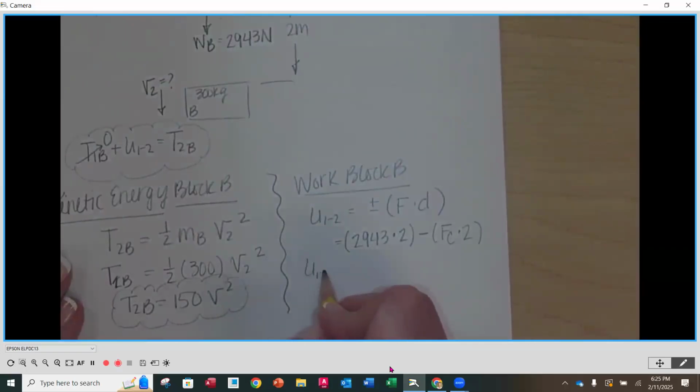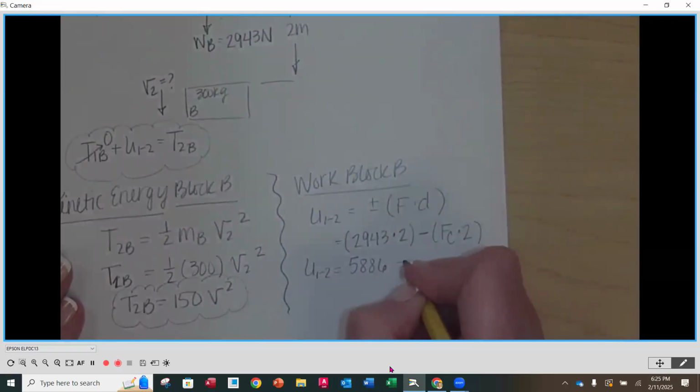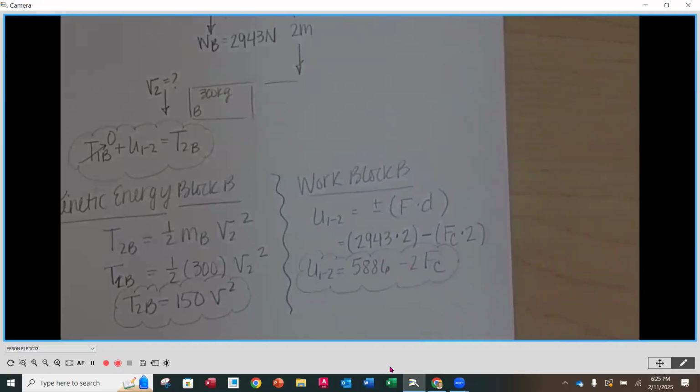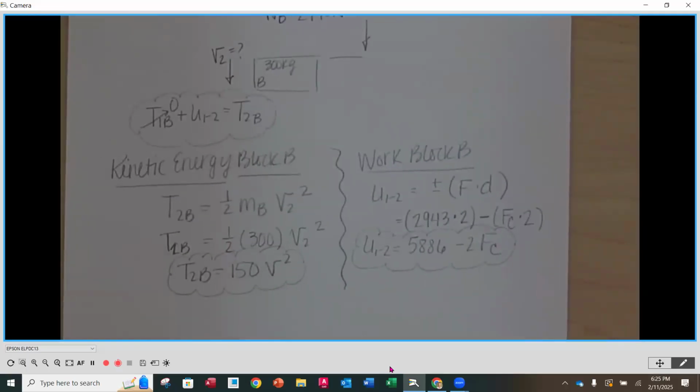So our work 1 to 2 is going to be equal to 5,886 minus 2FC, right? So this is the work part. Okay, questions so far? Good?